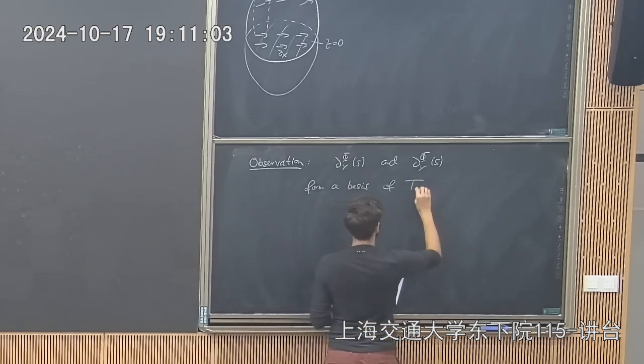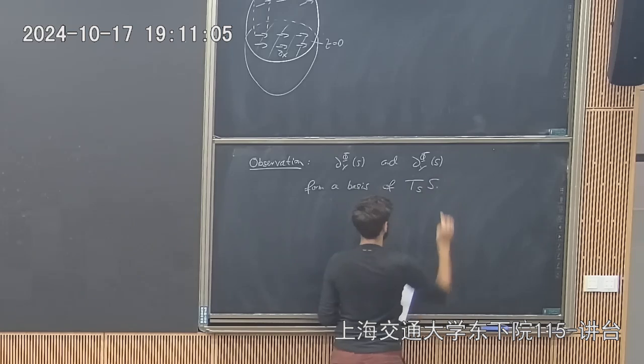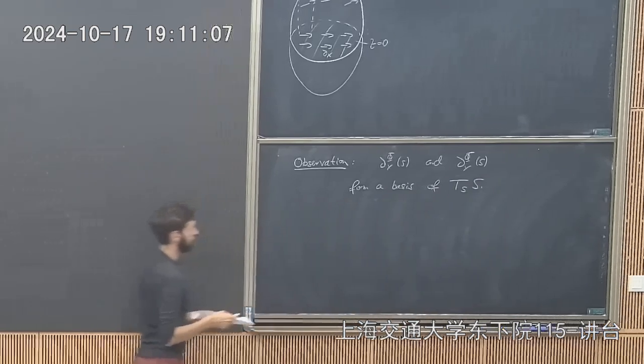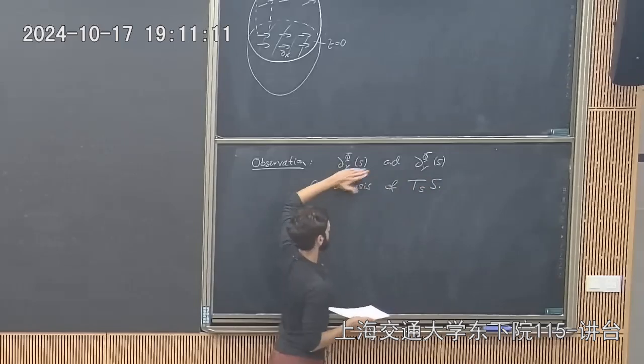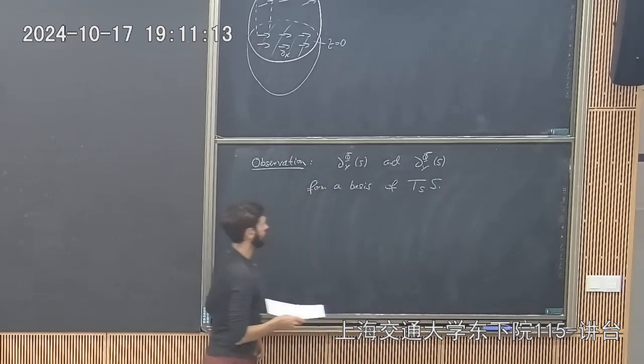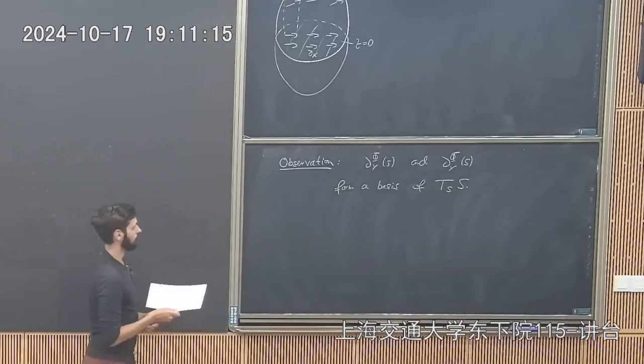They form a basis of the tangent space of S. So this one was two-dimensional, and now we found two particular vectors which give you a basis.